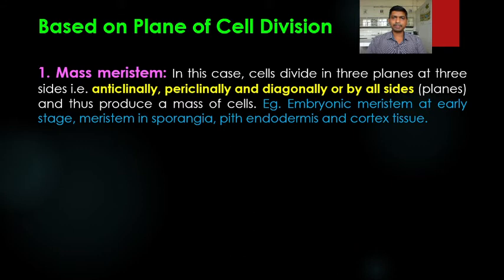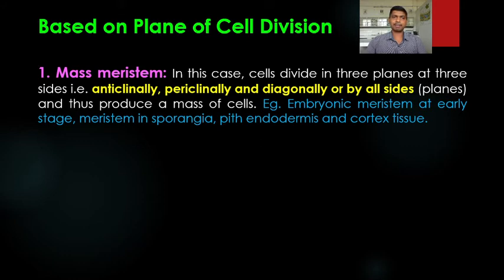So the cells of the meristematic tissue divide in all sides or in three planes, for example anticlinally, periclinally and diagonally, due to which it produces a mass of cells. For example, embryonic meristem at early stage, meristem in sporangia, pith, endodermis and cortex tissue.